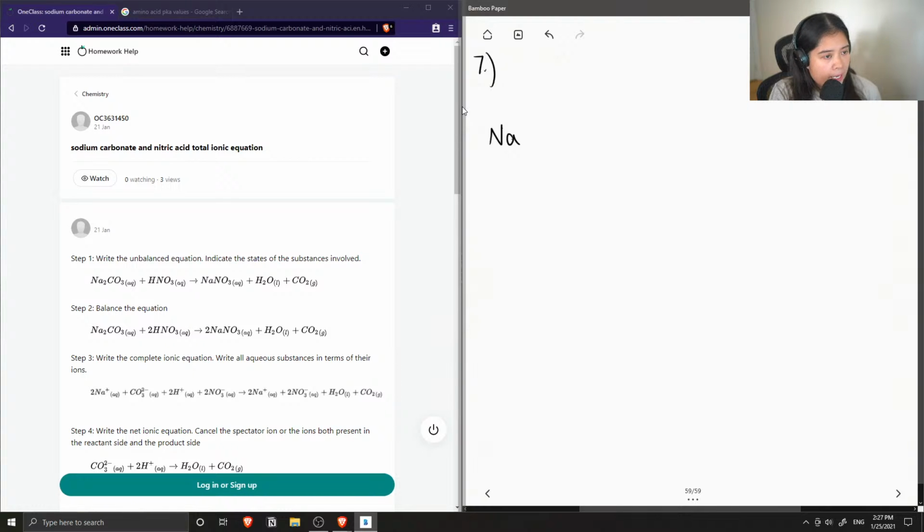Sodium has a +1 charge, and the carbonate ion has a 2- charge. So then we need 2 sodiums to react with our carbonate to get a neutral compound. So this is sodium carbonate, and it reacts with nitric acid, and its formula is just HNO3.